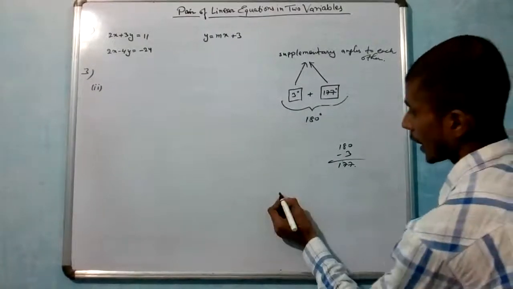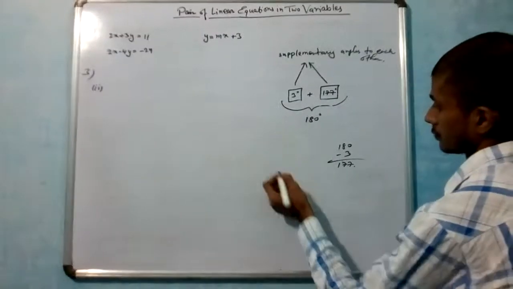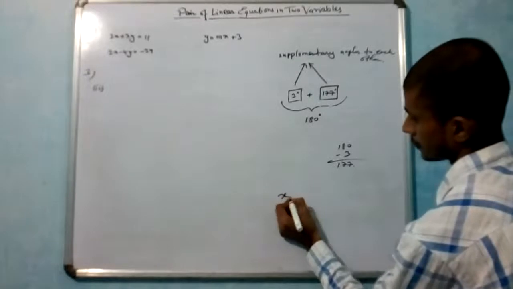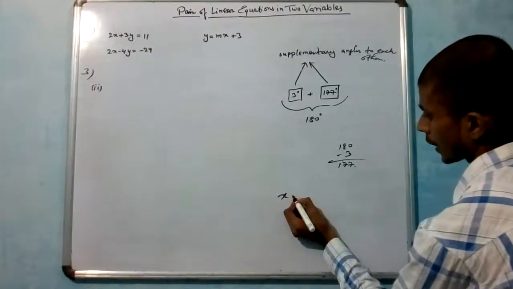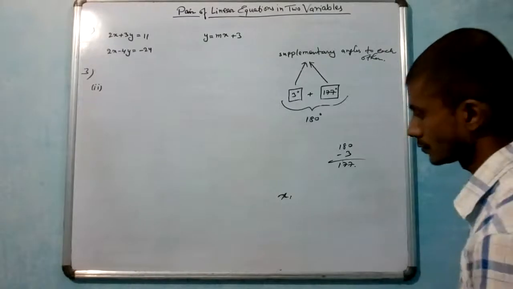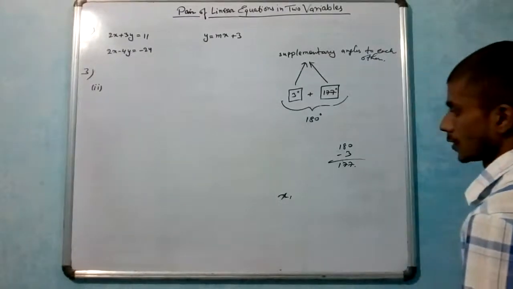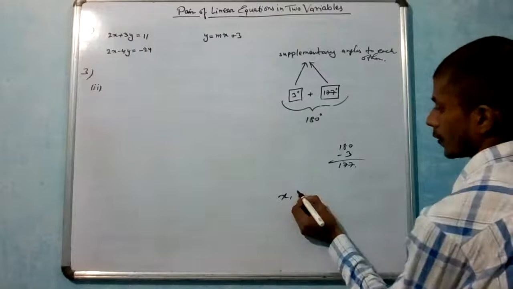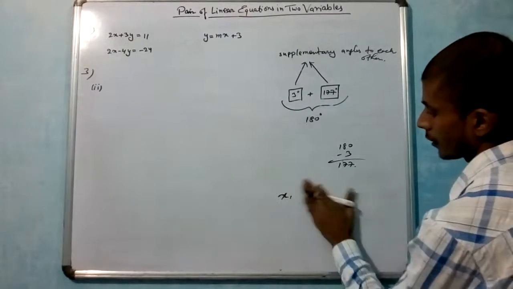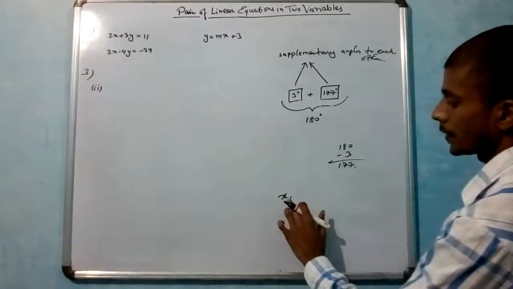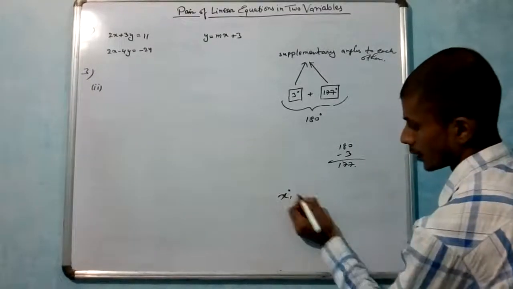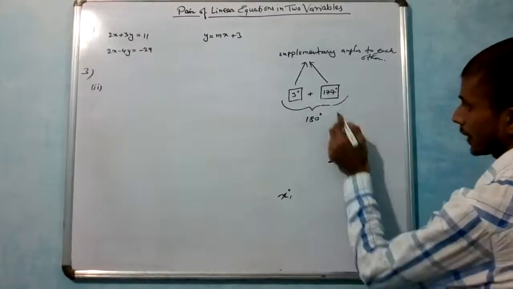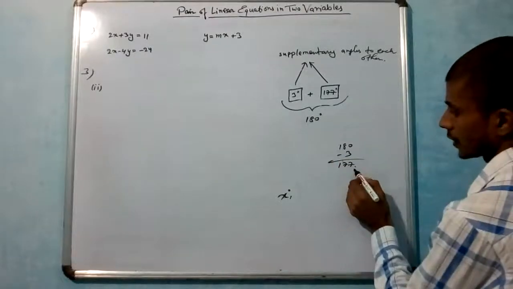So suppose we have one angle x. If we have one angle x, what can be the other angle? Y, fine, correct. But in terms of x only, if I ask what will be the supplementary to the x degree angle, what did we do? Subtracted from 180 to get the other angle.